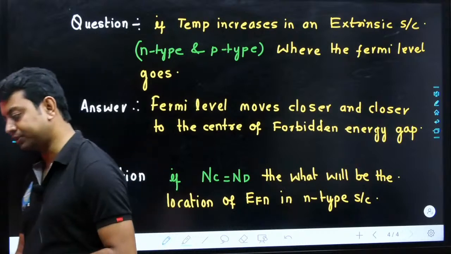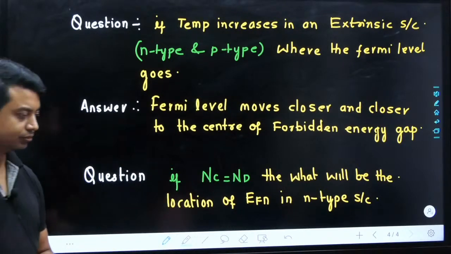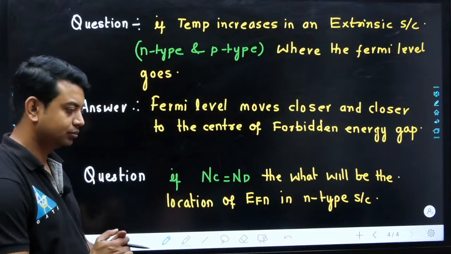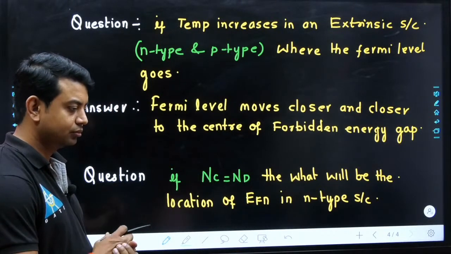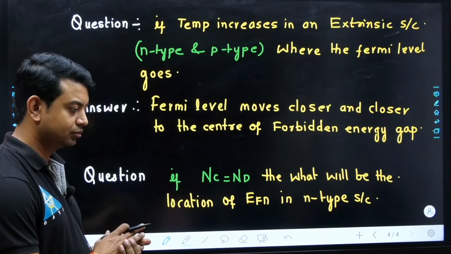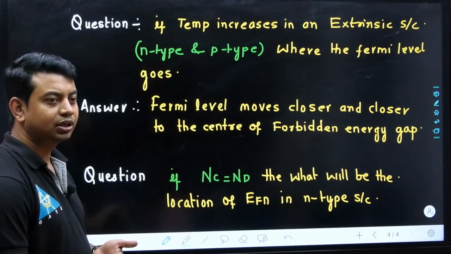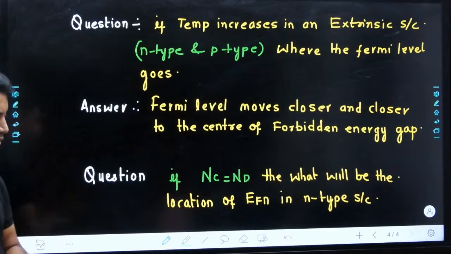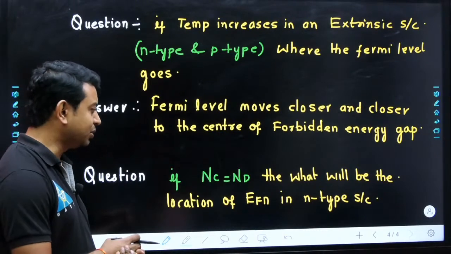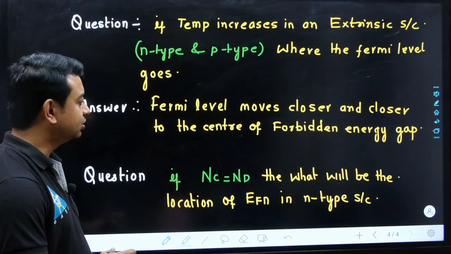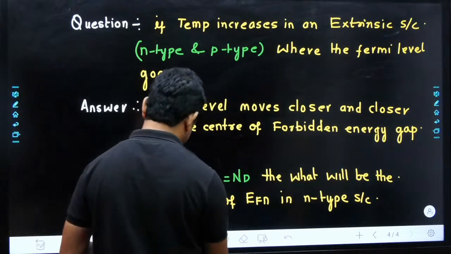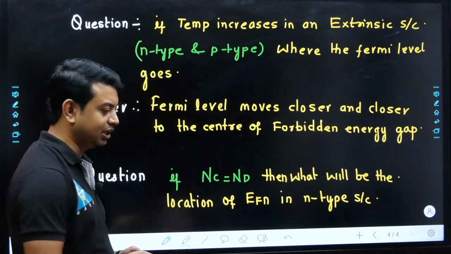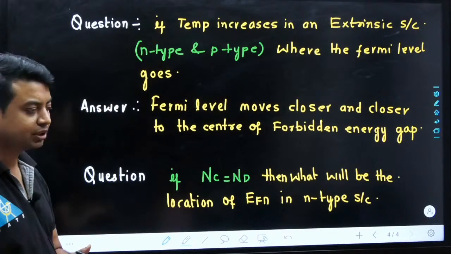Just answer this question. Okay, so if NC is equal to ND, then what will be the location of EFN in the n-type semiconductor?